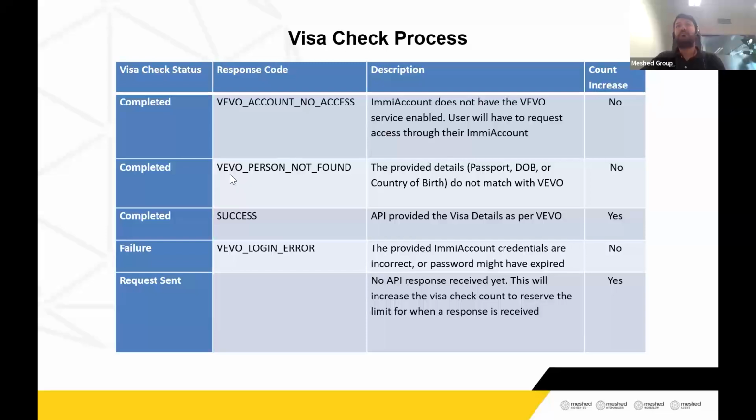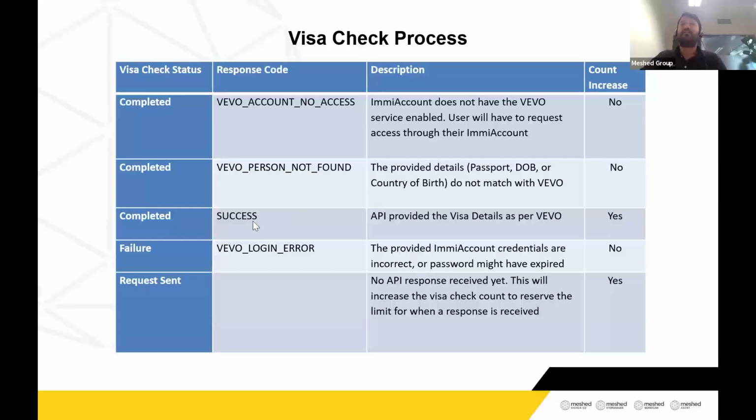The other one would mean that person not found. The details provided for this visa check are the passport, the date of birth of the student or the applicant, and their country of birth. If any of these doesn't match with Vivo records, it will throw an error like Vivo person not found. And the other one is success.